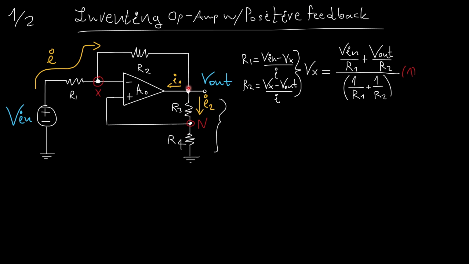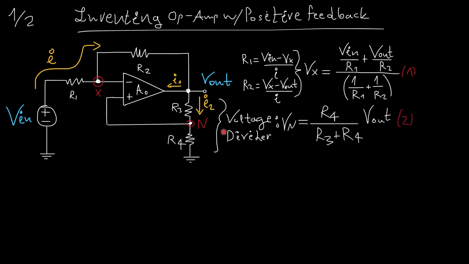I noticed that from here all the way to here is a common voltage divider. Well, because it's a common voltage divider, I know that the voltage at Vn must be equal to R4 over R3 plus R4 times Vout. Now, I know that for an ideal op-amp, this equation must hold true whenever I have a negative feedback configuration.